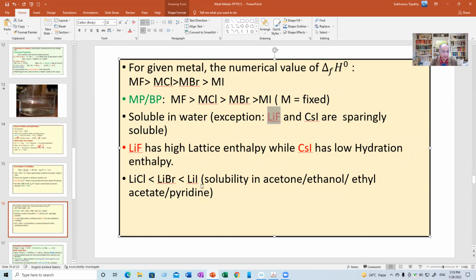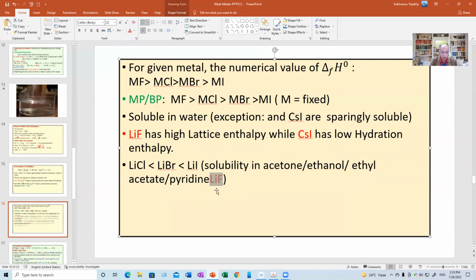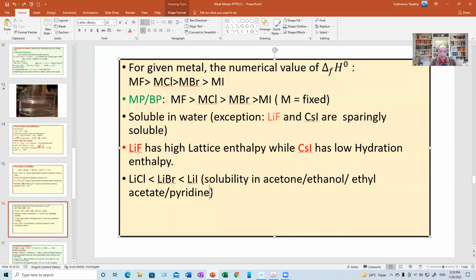And the solubility goes on decreasing in the organic solvents, because according to Fajan's rule, as the size of the anion increases, the covalent character increases. And as the covalent character increases, the substance becomes less and less soluble in water and more soluble in organic solvents, weakly polar or non-polar solvents.